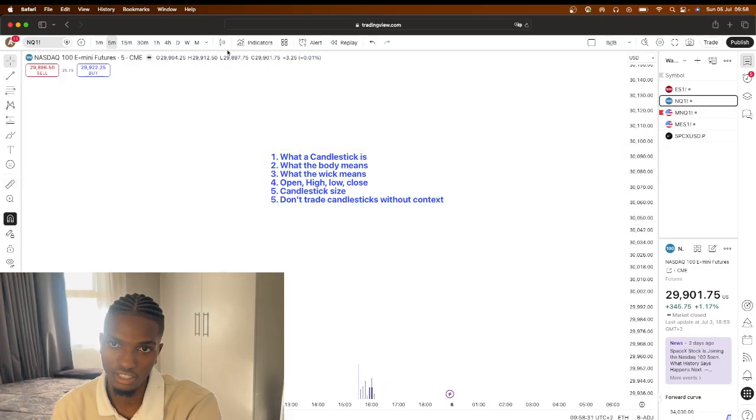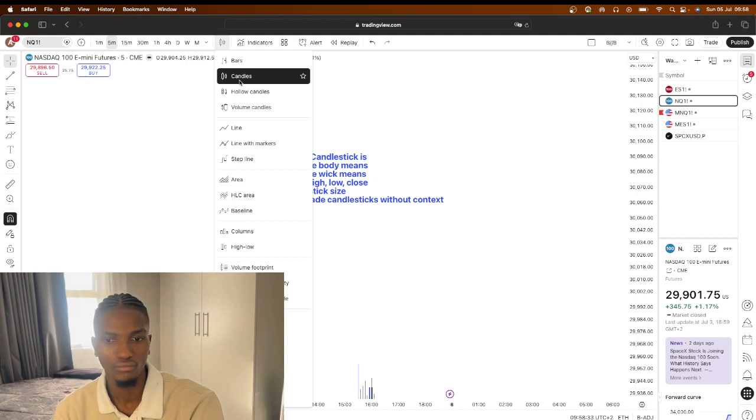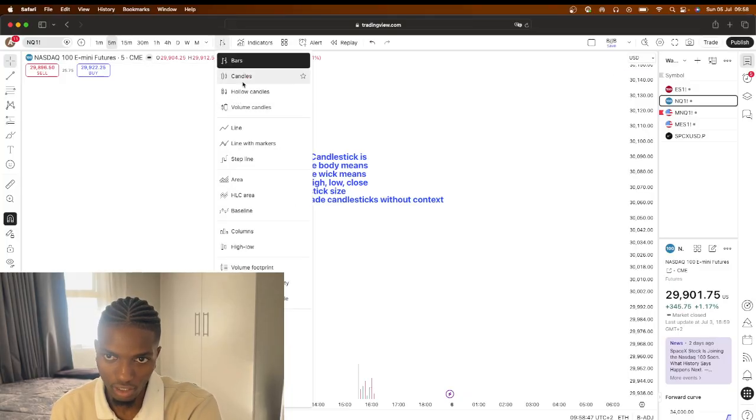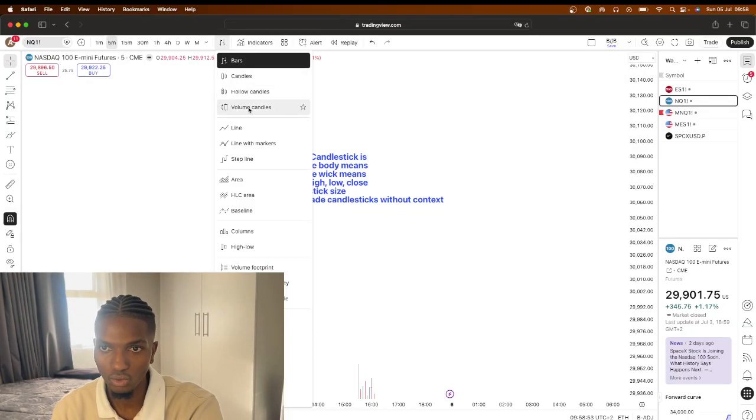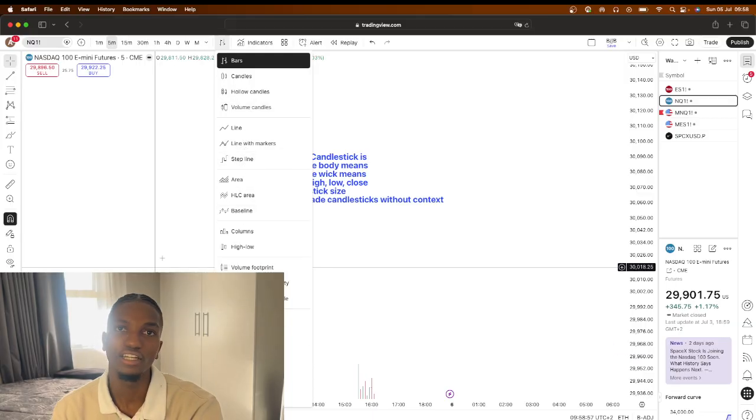So what a candlestick is: this is a chart pattern or a type of graph. We have different graphs here. If I click here, as you can see, we have a drop down. We have bars, we have candlesticks, or candles, we have hollow candles, volume candles, line graph, and this goes on and on.